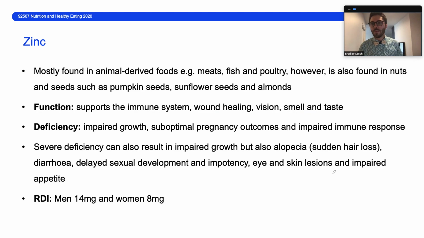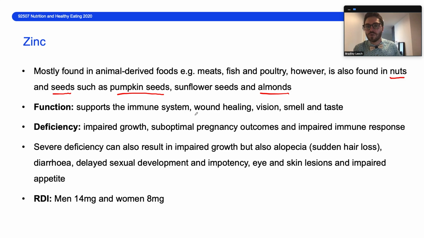Zinc. It's mostly found in animal-derived foods such as meats, fish, and poultry. However, it can also be found in nuts and seeds such as pumpkin seeds, sunflower seeds, and almonds. Some of its main functions is it supports with the immune system. Now, from the nutrients we spoke about today, zinc and vitamin C would be the most important for supporting the immune system.